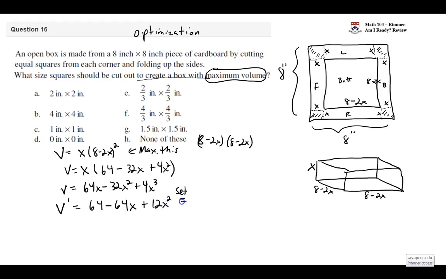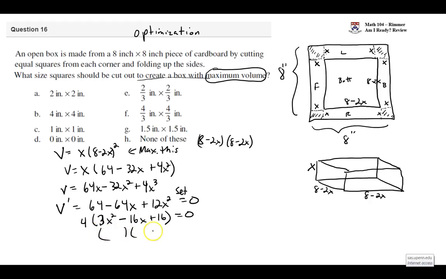We want to set that equal to 0. Let's take out something so the numbers are smaller. Each one of these guys share a factor of 4. And so we take out a 4 and we're left with, let's write it in decreasing order, 3x squared minus 16x plus 16 equals 0.